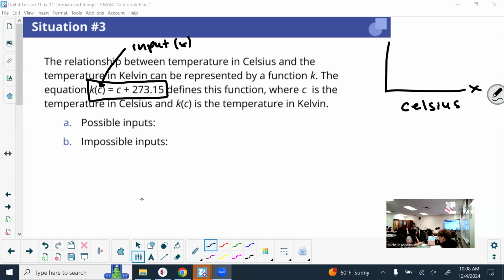So class, let me ask you, is it possible to have negative degrees Celsius? Is it possible to have decimals of a degree Celsius? Could you have a decimal of Fahrenheit? Is that what's throwing people off?